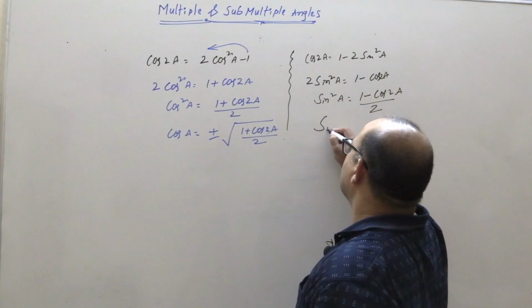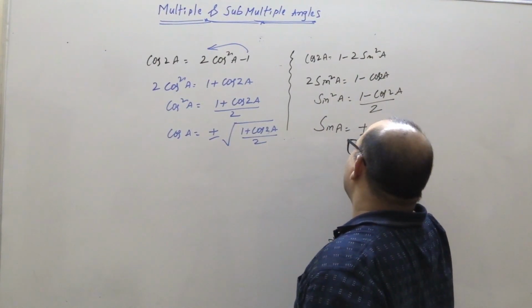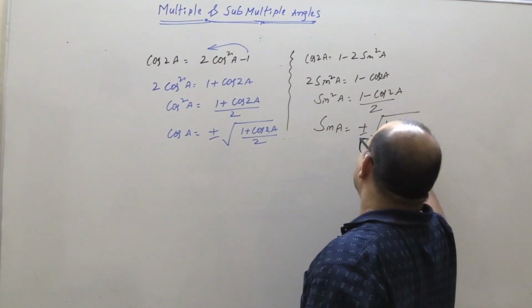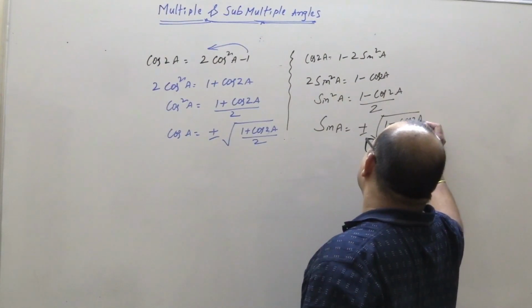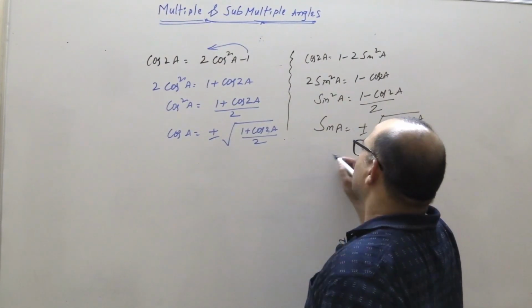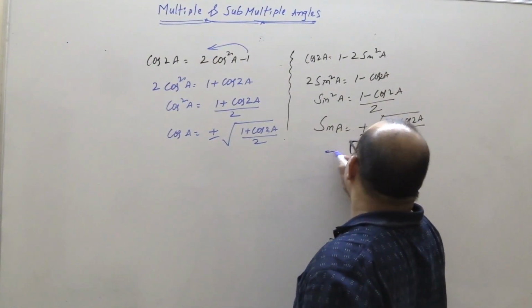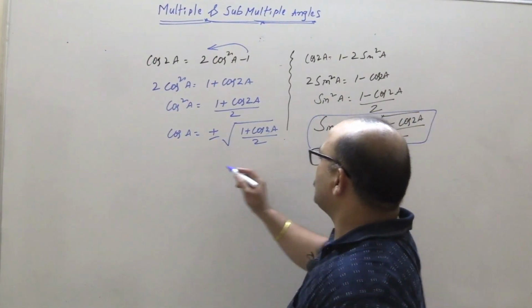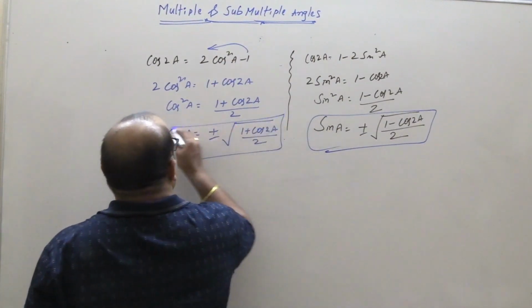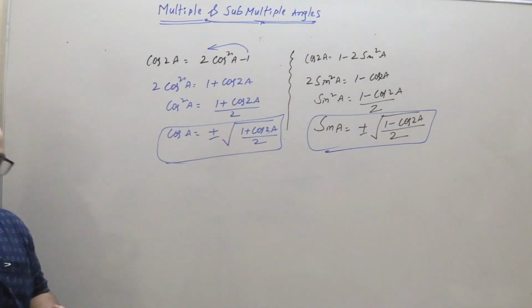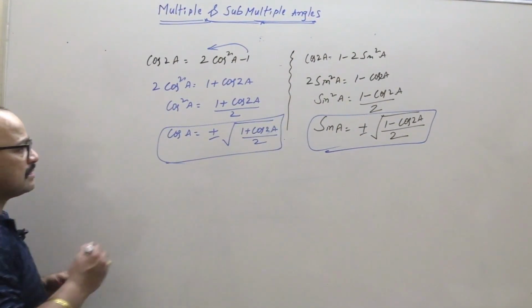So sin a is equal to plus or minus root of 1 minus cos 2a by 2. This is the formula for sine. Most important, students, best application. We will discuss this based on this one.